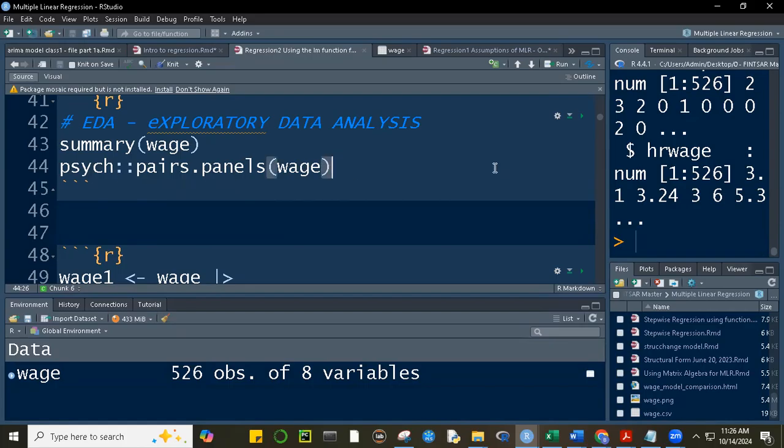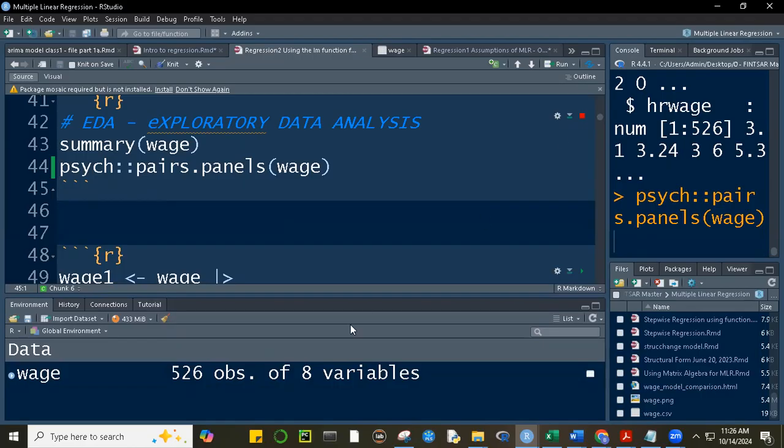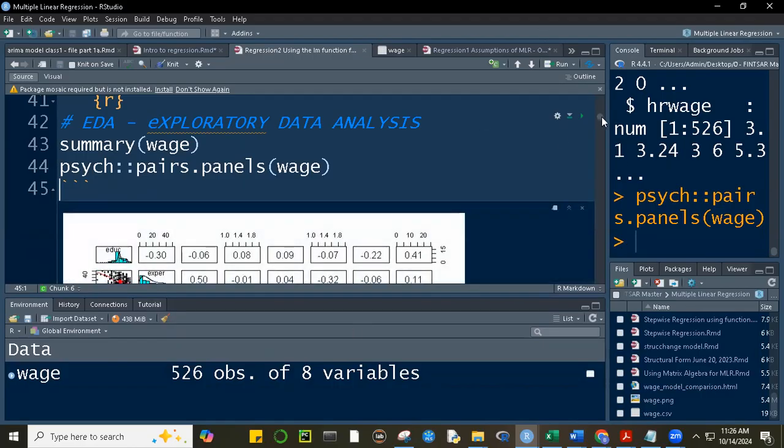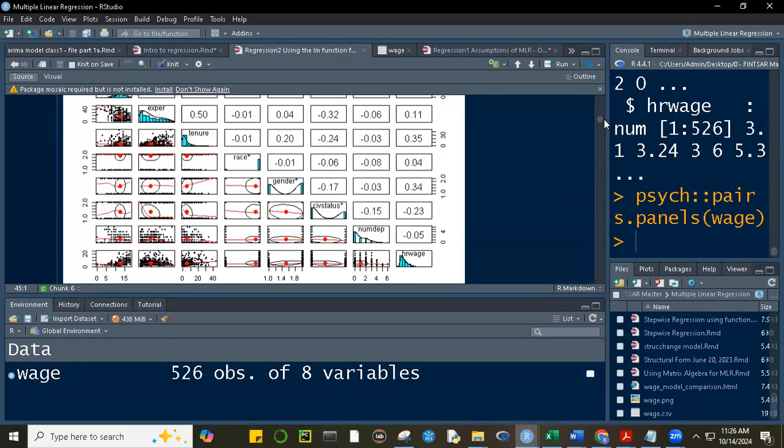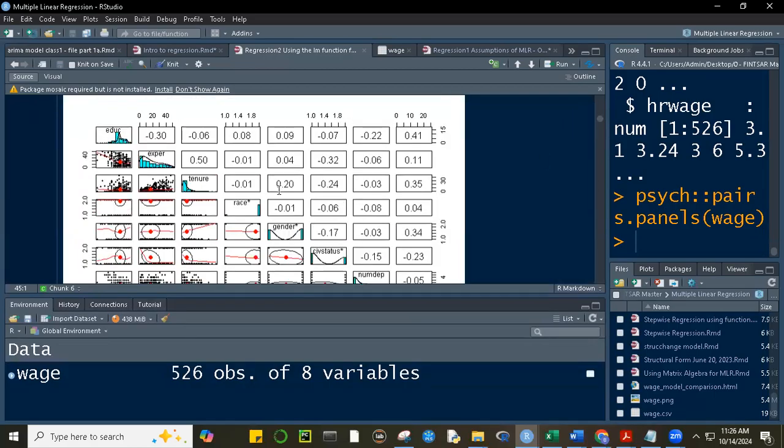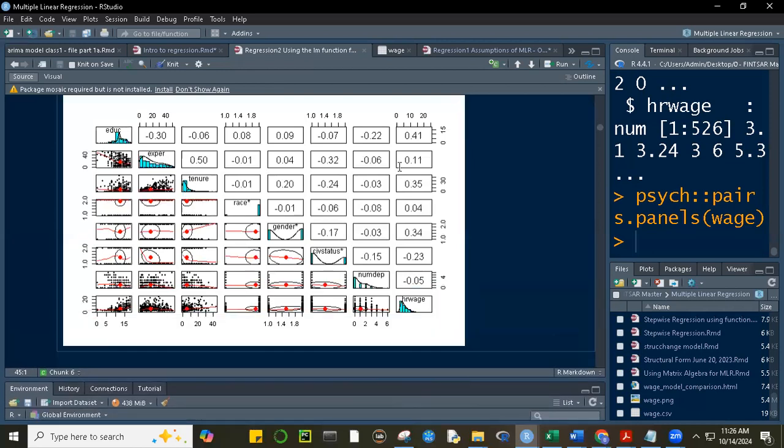And if we run this, we have a plot where we have all the variables, and we have the correlation matrix. So the upper part here is the correlation matrix. The diagonal is the plot of the variable itself. And then here, you have your scatter plot below.